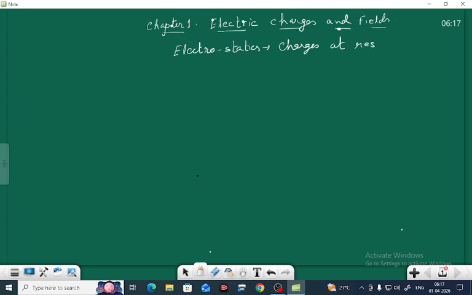And electrostatics deals with the study of forces, fields, and potentials arising from static charges. Now we learn about electric charge. What is that? Electric charge.